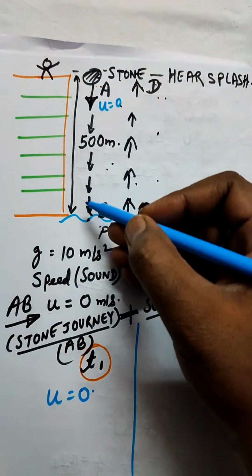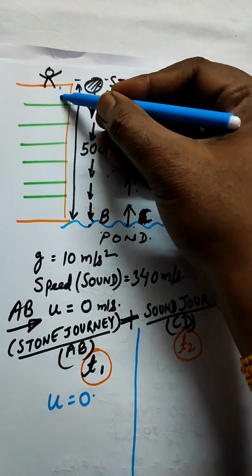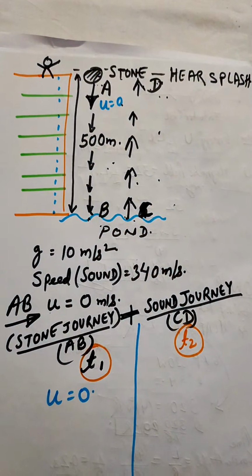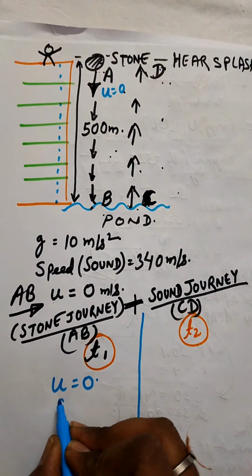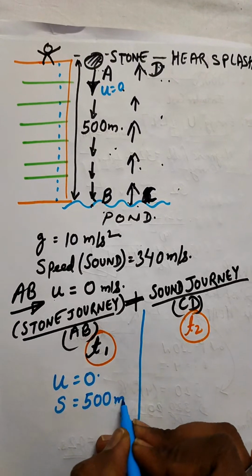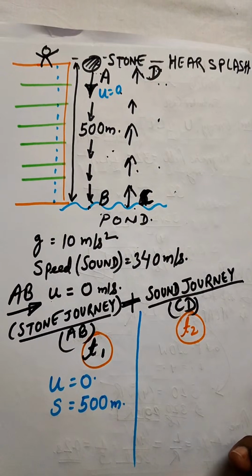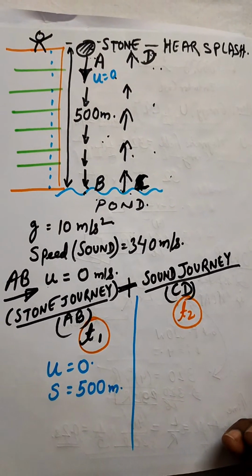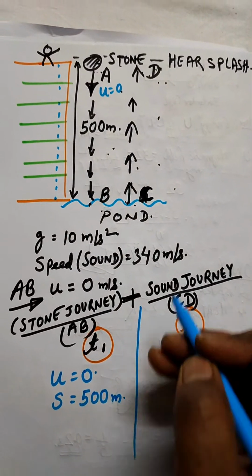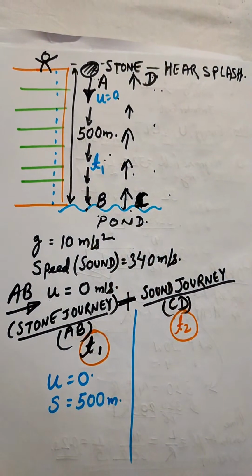And it travels a distance of 500 meter, that is equal to the height of this building, right? So 500 meter is the distance traveled, 500 m, right? Now just apply the equation of kinematics, then you will be able to calculate T1 here.